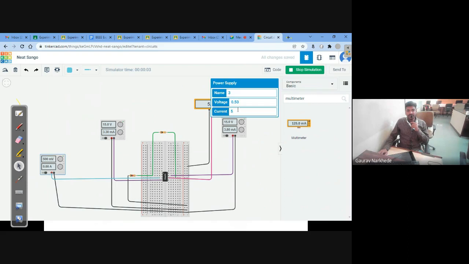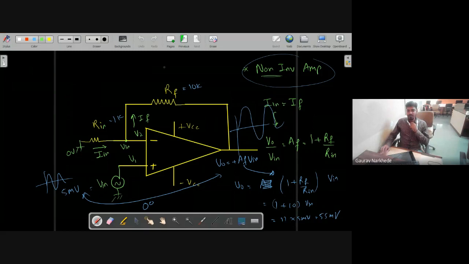Let me give another value of input, 0.4. Okay, no problem, 0.4 I will give, and this is your 4.4 output. So what is the theoretical gain now? What is the theoretical gain, can you tell me? So see, the output is 4.4. Let me write it.